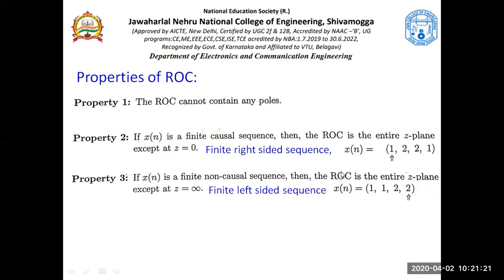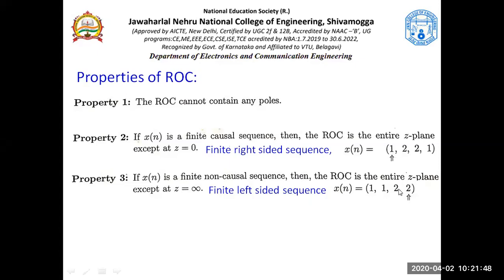In a non-causal sequence also the zeroth sample is there. But it was not the same with positive exponential and negative exponential. In positive exponential, it is from 0 to infinity. In negative time exponential, it is from minus infinity to minus 1. So in negative time exponential, the zeroth sample is not there.